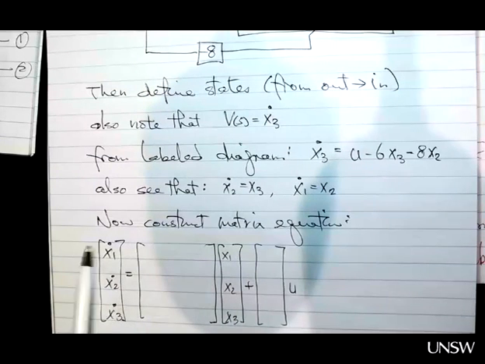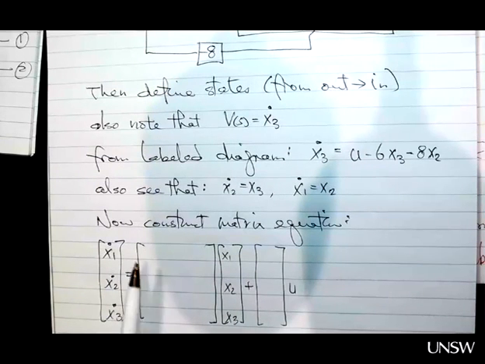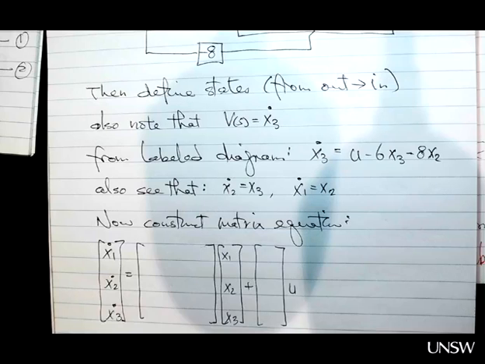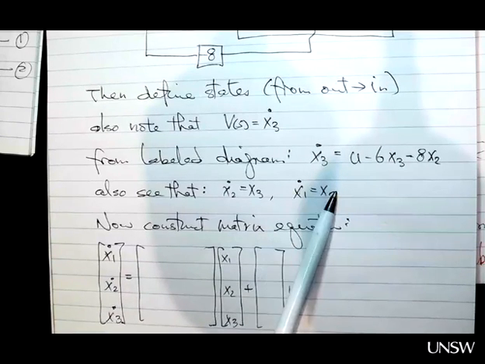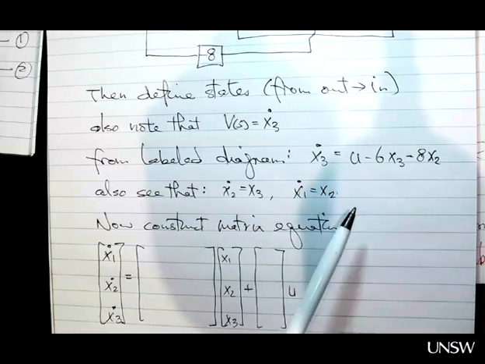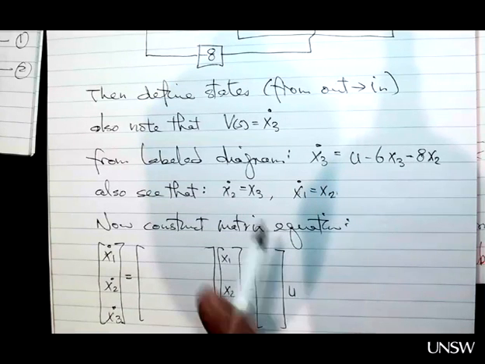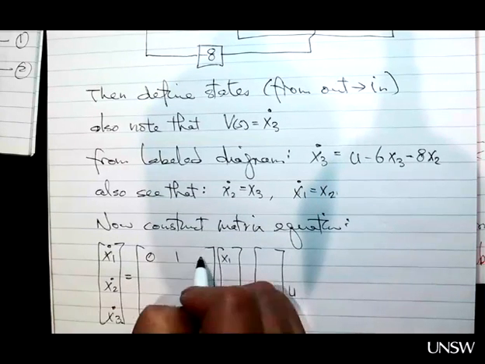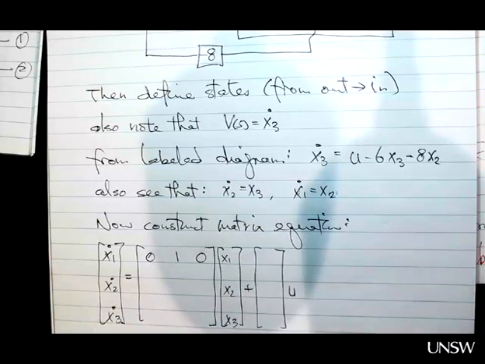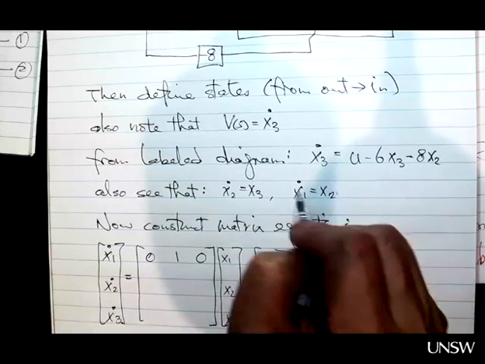So how to fill in those elements in the A matrix, right? So x1 dot equals x2, independent of x1 and x3. So we have this one. Okay. It is this equation.